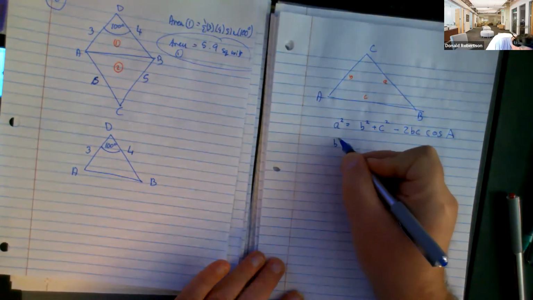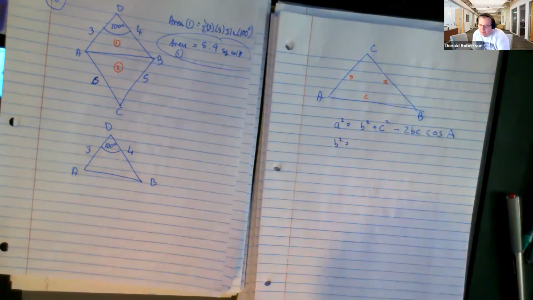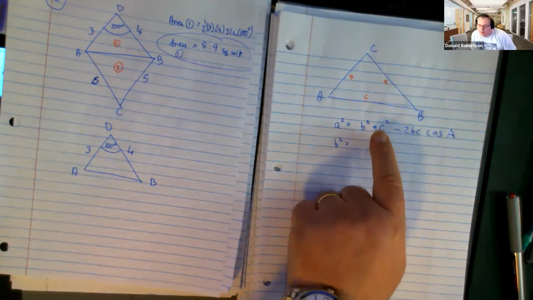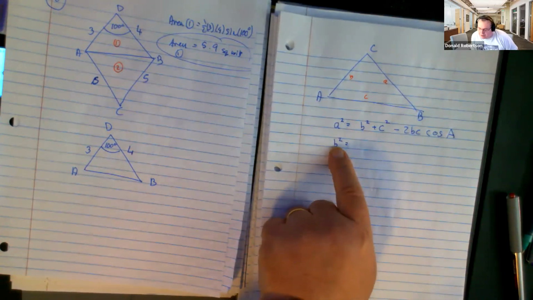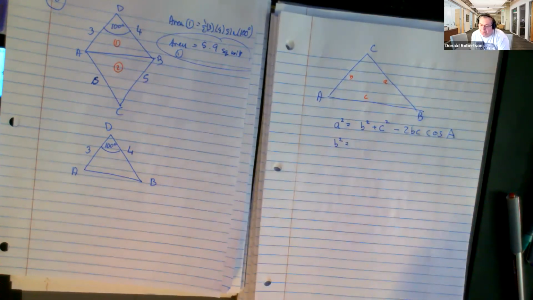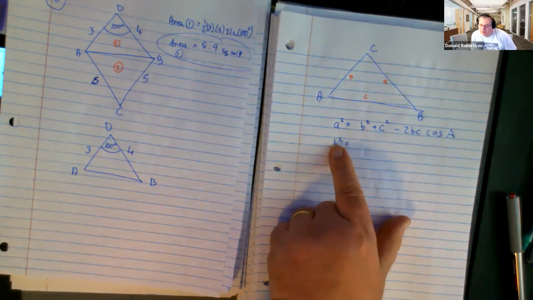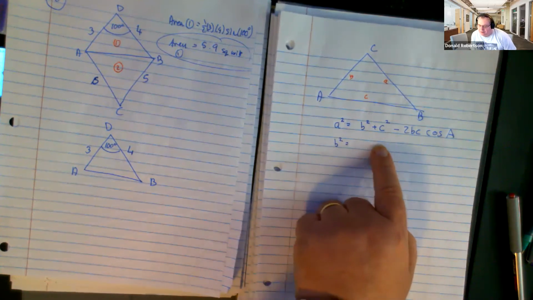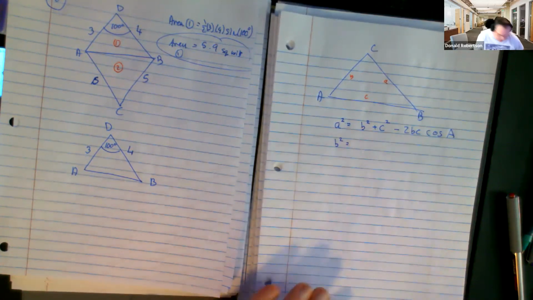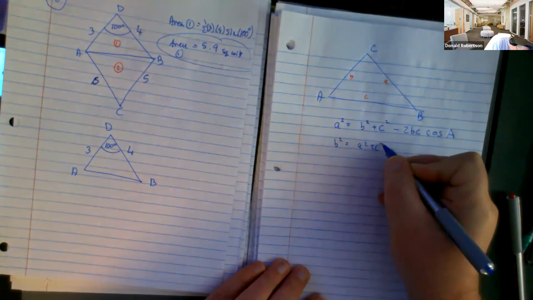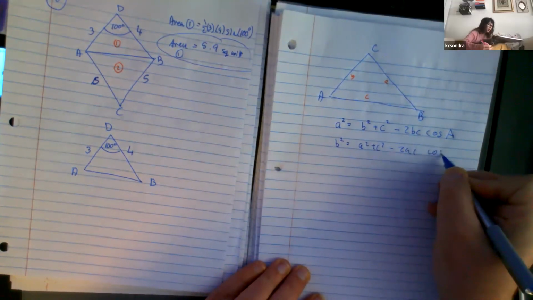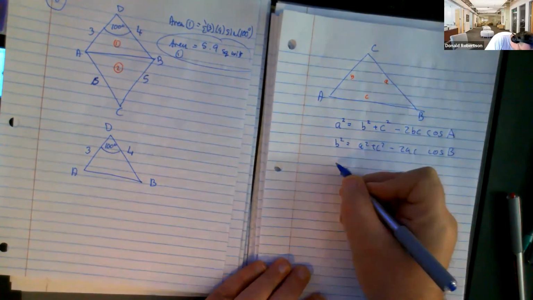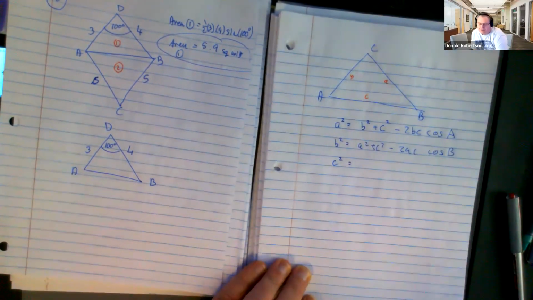Suppose it was little b that I wanted, side b. How do you adapt this formula to find little b? It starts with b squared equals, what comes next? a squared plus c squared minus 2ac cosine B. And for completeness' sake, what would little c give you?